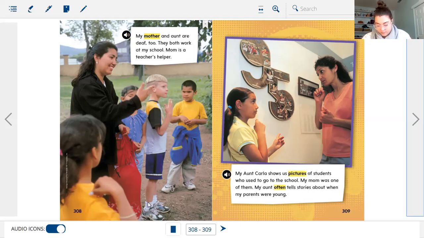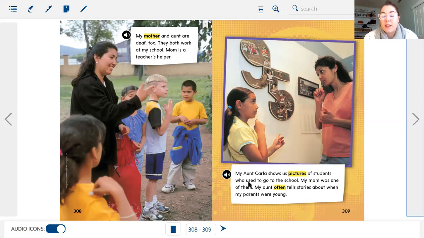So the author is giving more information in regards to Rosina's background and a little bit more about her school. So it tells us that the mom is a teacher's helper. So currently the mom works at the school. She's a volunteer. But on this page, it says that my mom was one of the students that went to the school.